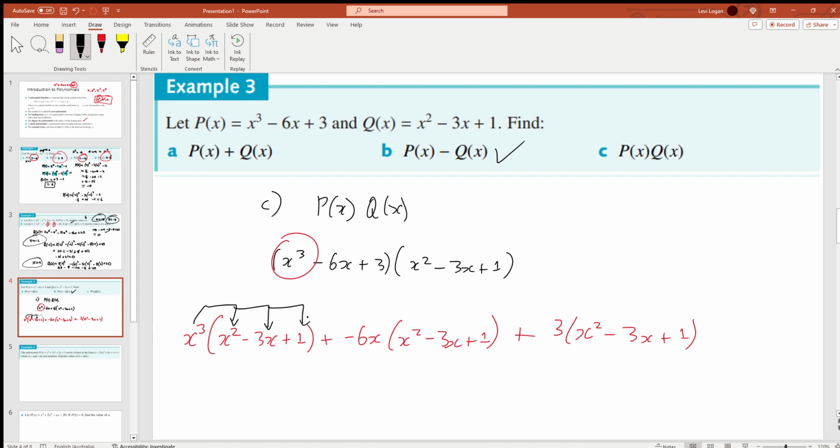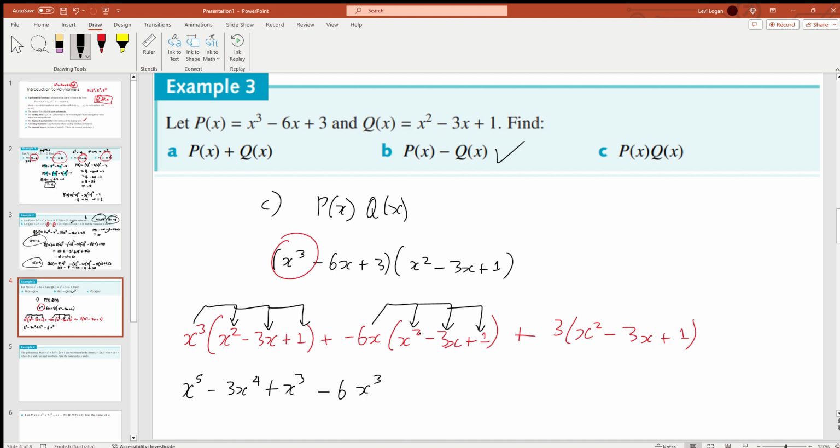So let's see what this first bit gets. So this will be x cubed times x squared using your index laws. That gives you x to the power of 5. Here this is going to be minus 3x to the power of 4 plus x to the power of 3. Then we do the same thing here. So negative 6x times by x squared will be minus 6x cubed.